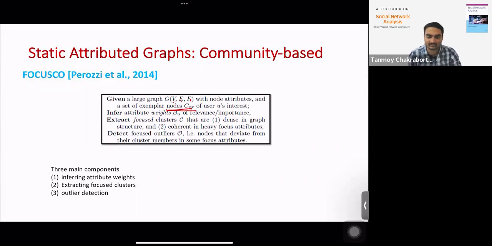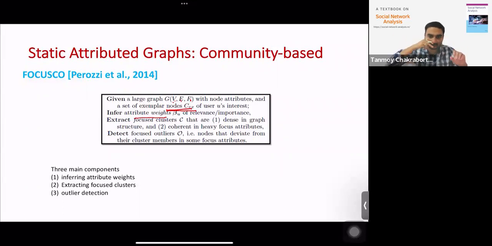And what would be your task? Your task would be to look at other nodes which are similar to or different from the exemplar nodes. I am given a very small set of nodes which are similar in terms of attributes. That is given. So what is our task? Our task would be to identify the weights of the attributes.